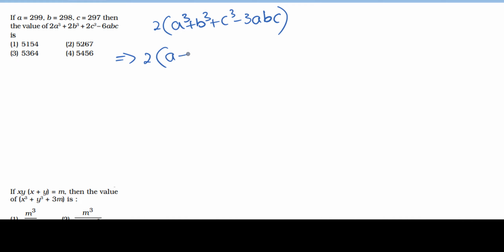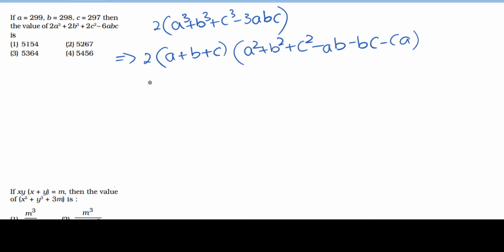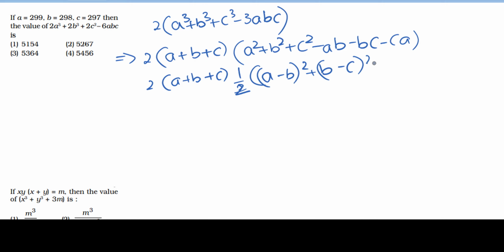That is 2 into (a plus b plus c) into (a square plus b square plus c square minus ab minus bc minus ca). Again this can be expressed as 2 into (a plus b plus c) half into (a minus b) whole square plus (b minus c) whole square plus (c minus a) whole square.